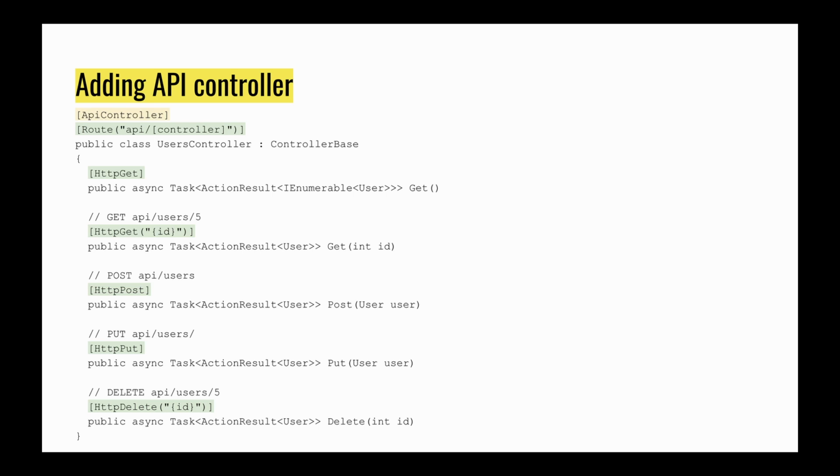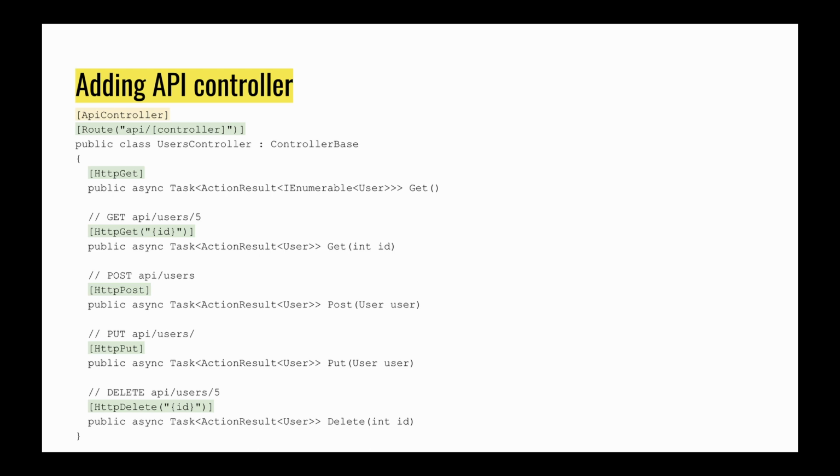The Get method handles GET requests and returns a collection of objects from the database. If the GET request contains an id parameter, an object identifier, it is processed by another method, Get(int id), which returns the object by the passed id. POST requests are processed by the Post(User user) method, which receives the sent data from the request body and adds it to the database.